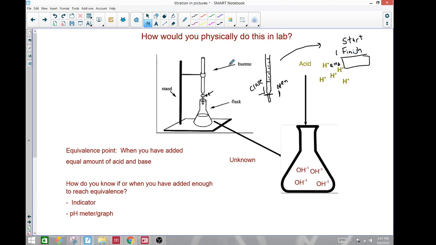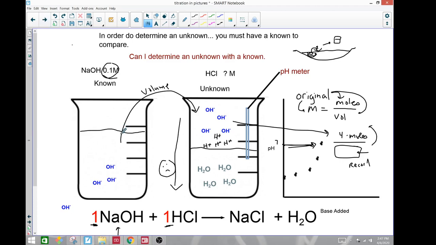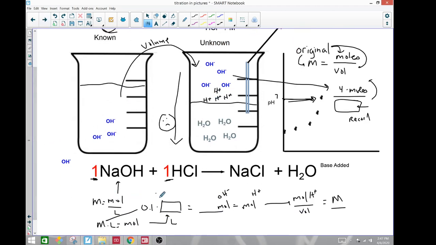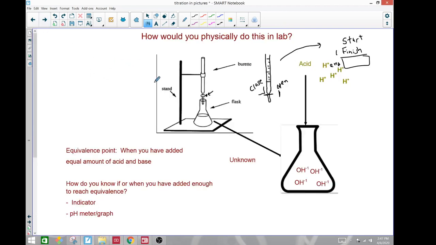Okay, remember in that last slide, one key thing I needed was the volume. Down below here, I needed the volume of my known. That was pretty important. And I need the volume of everything. I need the volume of known and the volume of unknown. But I need the volume I know. And that is given to me via what we call the burette, B-U-R-E-T-T-E. And I'm going to just dispense this until I reach my equivalence point.